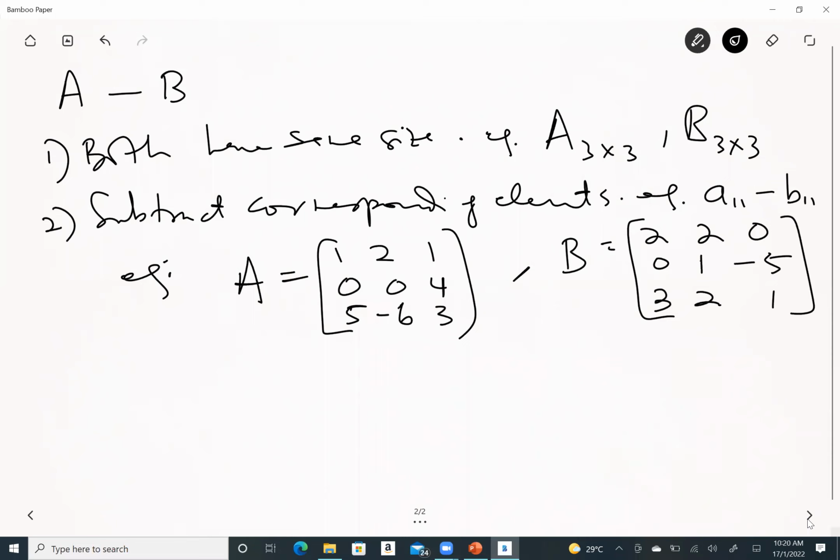First thing is you look at the size. So here you have 3 by 3 and 3 by 3, so we can subtract.